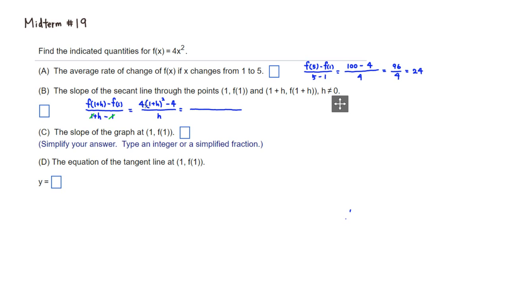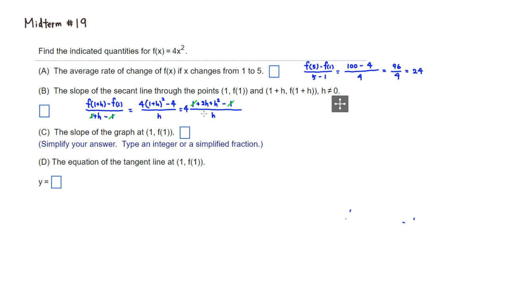Since 4 is in common, I'm going to put the 4 in front, and h here. If you multiply 1 plus h squared out, you get 1 plus 2h plus h squared. Then you're subtracting 4, which is factored out, so it's 1. So we can cancel the 1 and the 1.